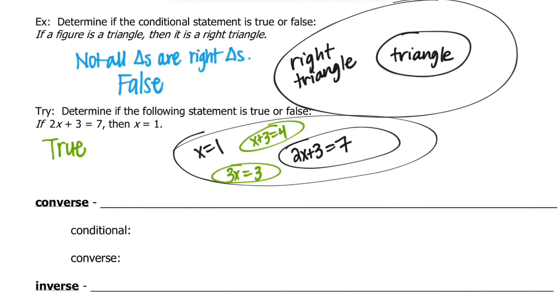Now, the converse, we've already talked about a converse, so I'm not going to use a color right here. The converse interchanges, and you can probably already write this out, the hypothesis and conclusion.